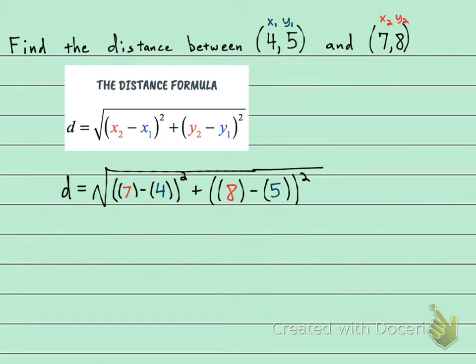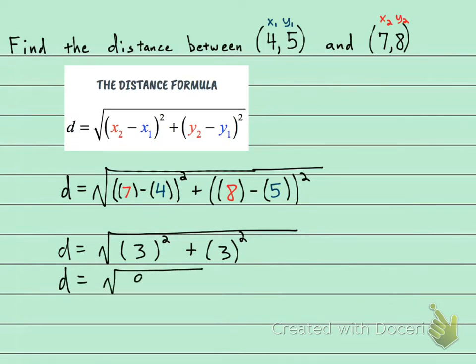D equals the big square root of, let's see, 7 minus 4 is 3 squared plus 8 minus 5 is 3 squared. Alright, 3 squared is 9 plus 3 squared is 9. So the distance equals the square root of 18.